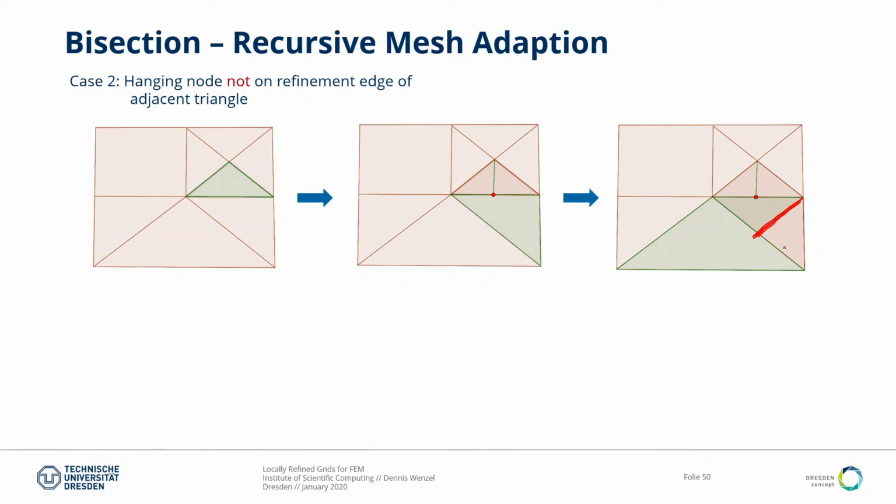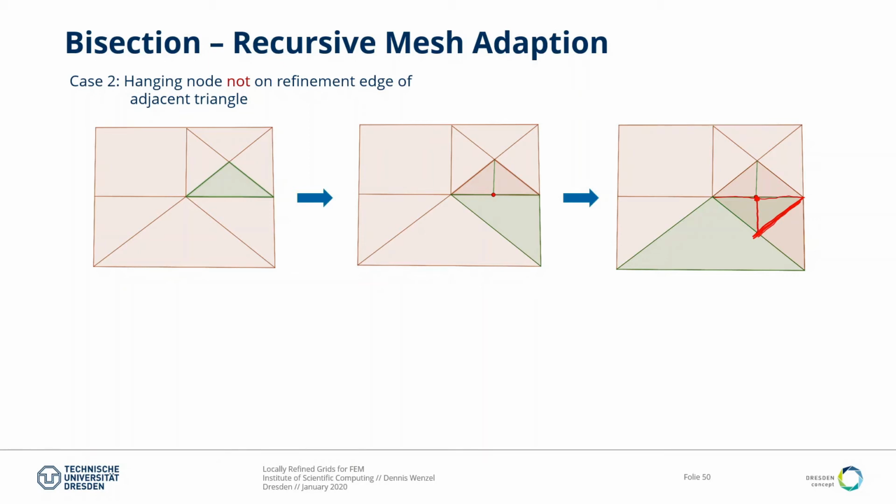Now this bottom triangle here is perfectly fine because it doesn't have any hanging nodes, but it still has the hanging node in the smaller one up here. But now we're in a good situation, because now we see that this hanging node is on this smaller triangle on the refinement edge, because now this edge is the longest one. So now we can do what we wanted to do before and do the cutting here.